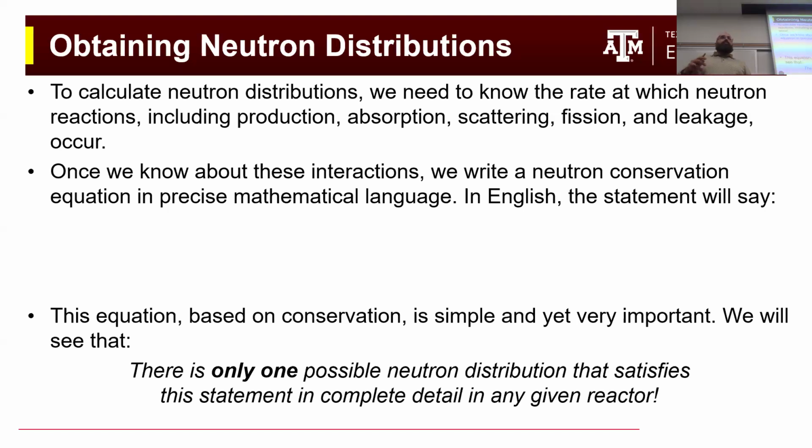To understand what a reactor is doing, we need to know how neutrons are being produced and how neutrons are being lost. That means we need to know the different kinds of reaction rates occurring in our reactor. If we can piece those together with a conservation statement, that will be our starting point for figuring out what kind of neutron distributions we have in a given context.